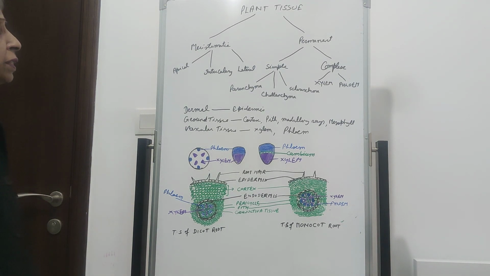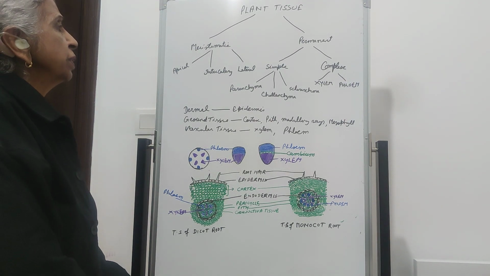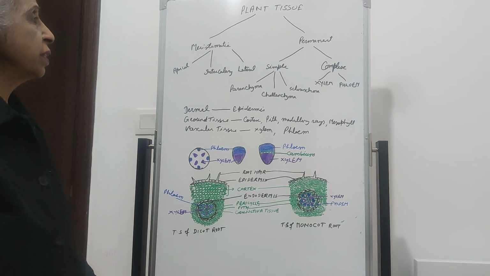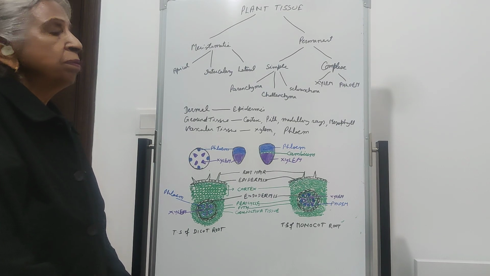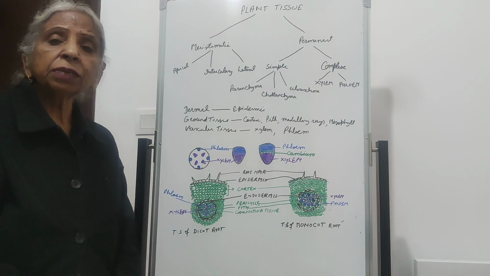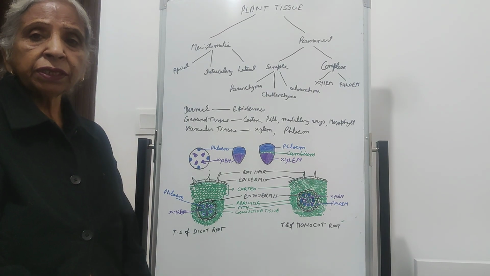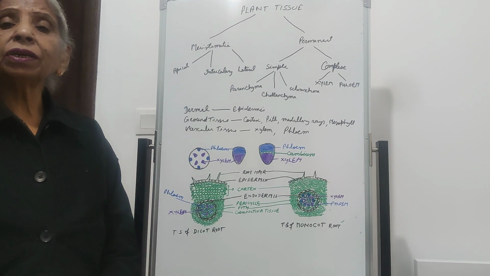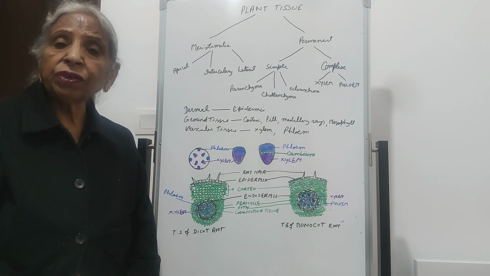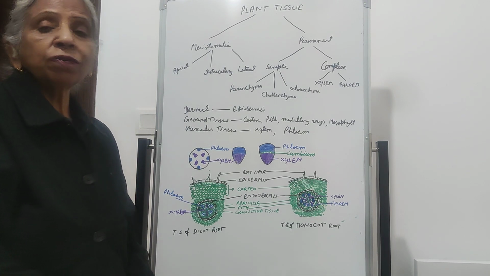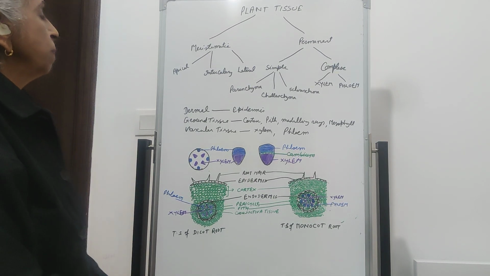In case of plants, depending upon their characteristic, there are two types of tissue: meristematic and permanent tissue. Meristematic tissue have the power of division and redivision, and they continuously divide. Permanent tissue lost the power of division and redivision, and they perform certain specific functions.